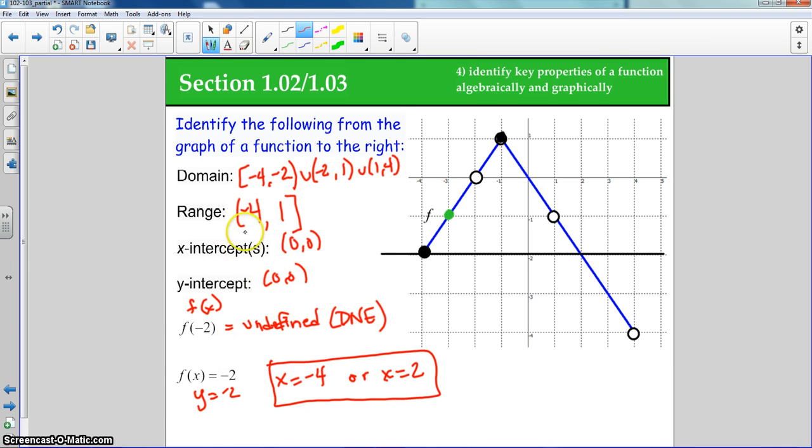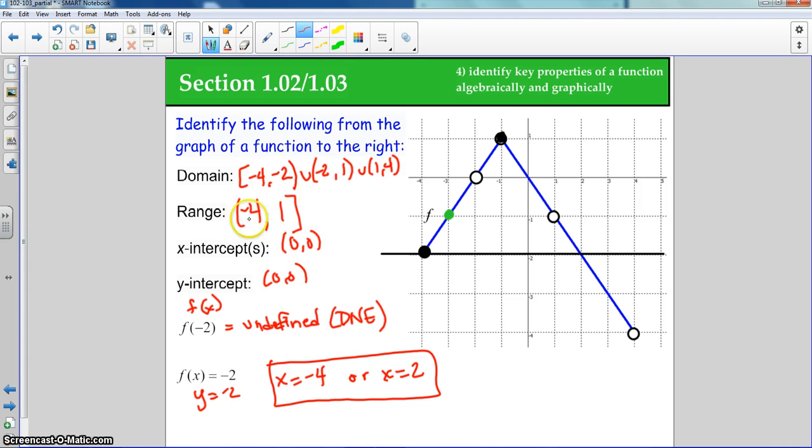So this was a video that ran through identifying different pieces of information from a graph. The domain is the set of all x values, and the range is the set of all y values. When you make these, remember that every time you have a hole, you have to stop and think, is there another value at this point or not? If there is, great, then you can include it.